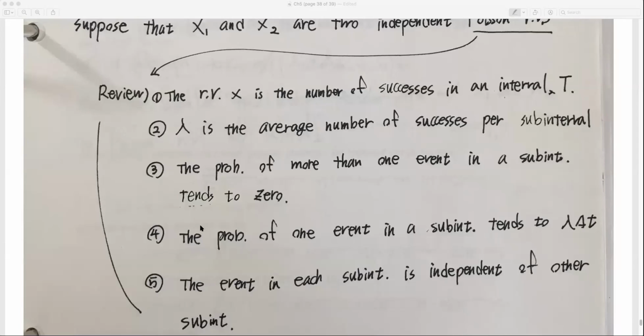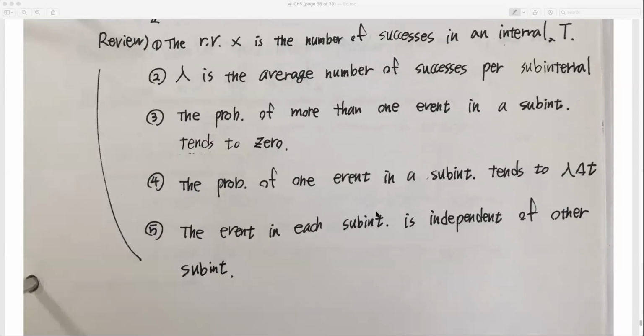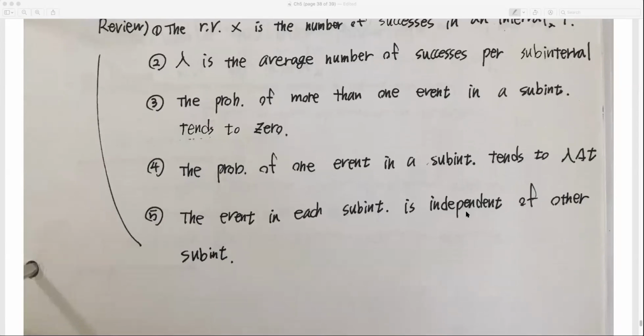And the probability of one event in a sub-interval tends to lambda times delta t, where delta t is the length of the sub-interval, and lambda is the average number of successes. The event in each sub-interval is independent of the other sub-intervals.